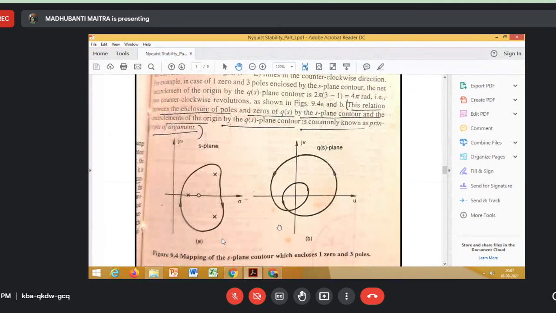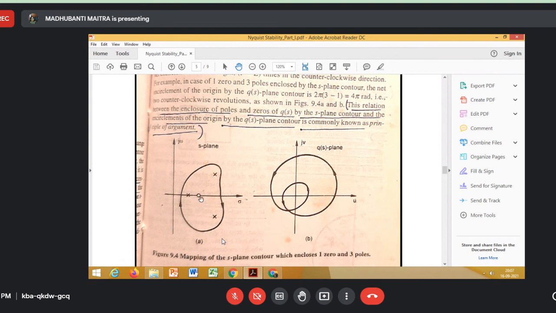So you see, in this diagram we can see that three poles of QS and one zero of QS are being enclosed by this chosen S-plane contour, right? So minus 2 pi plus 6 pi.